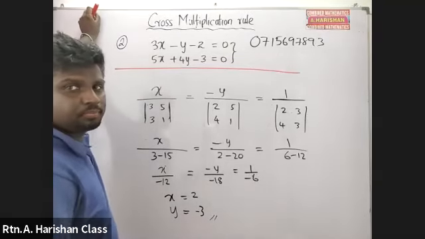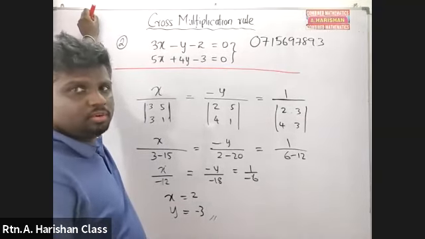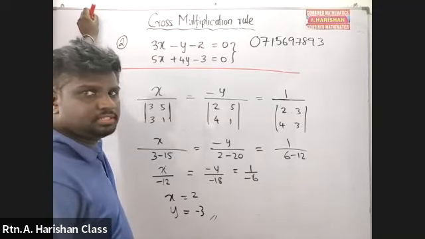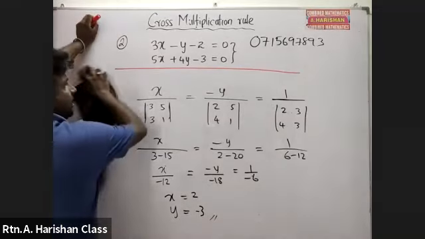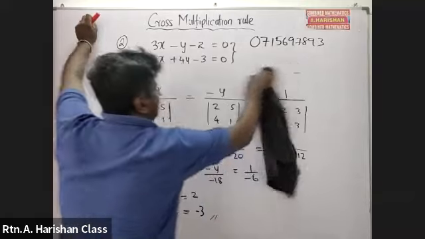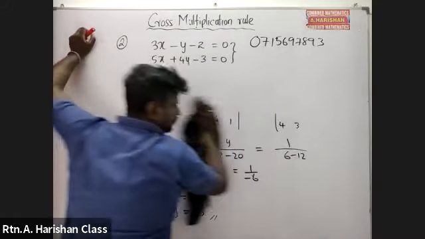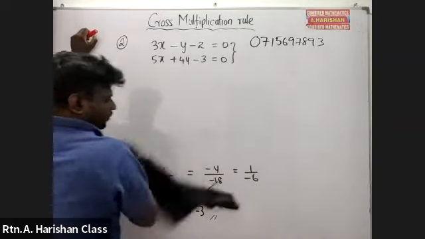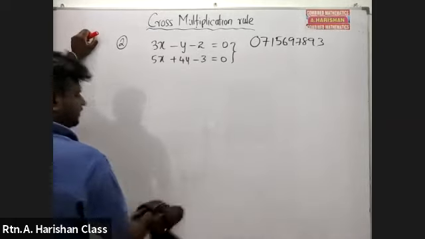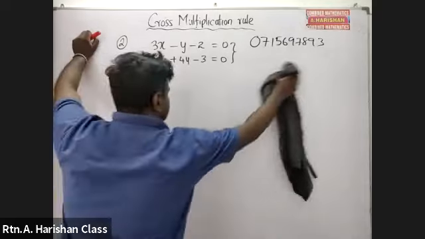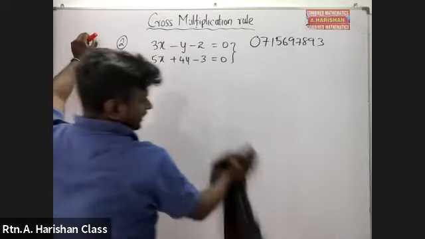So 11 by 17, I think. Okay, so I think 11 by 17 will be the answer, because most of you have done and shown 11 by 17.